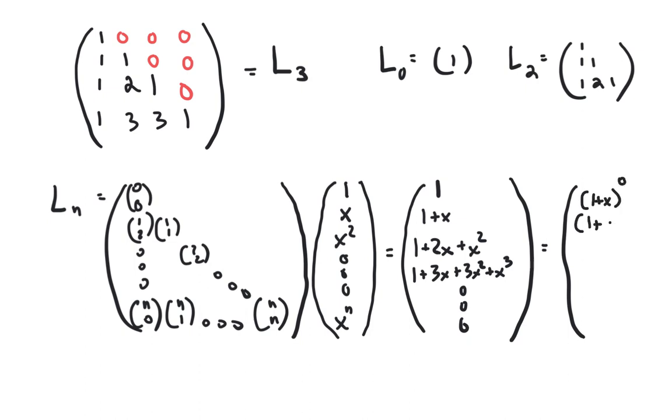This is (1 plus x) to the 1. 1 plus 2x plus x squared is (1 plus x) squared. 1 plus 3x plus 3x squared plus x cubed is (1 plus x) cubed. And it keeps going like that. So that's pretty interesting. We can see what this matrix does, writing Pascal's triangle in terms of this lower triangular matrix. So that's quite interesting.